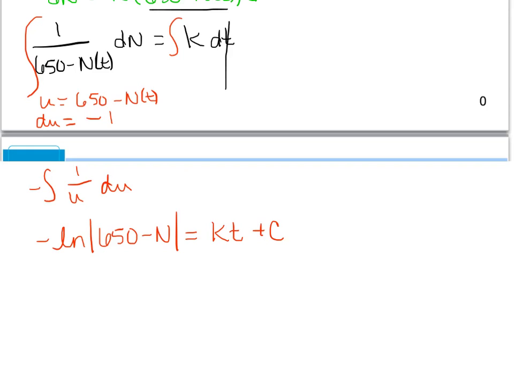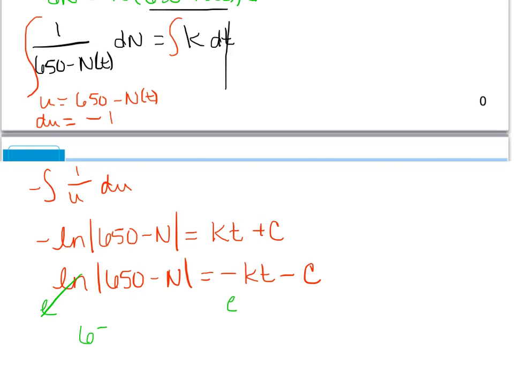If I divide both sides by negative, I have the natural log of the absolute value of 650 minus n equals a negative kt minus c. And we know that to cancel out a log, we can e both sides. So these are going to cancel out, and we're left with 650 minus n equals e to the negative kt.